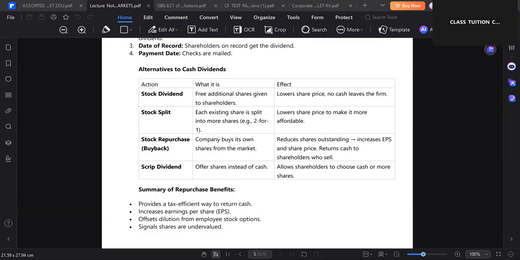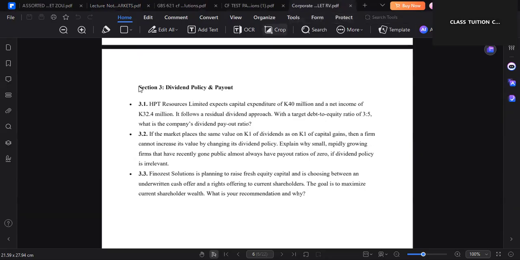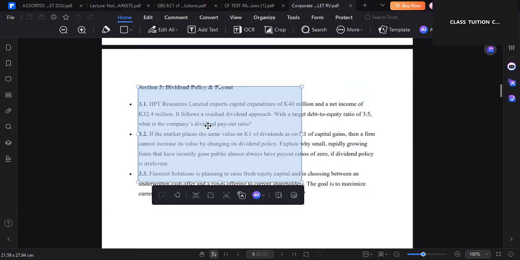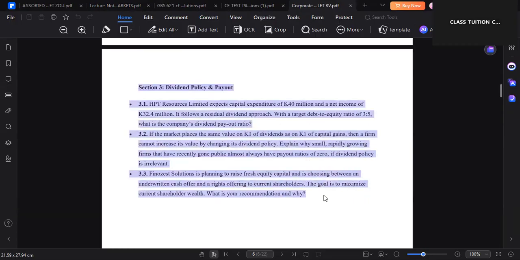Now, let's go to our exam questions. So I looked at this question that has come several times. I just want you to get a glimpse of how to answer such questions.